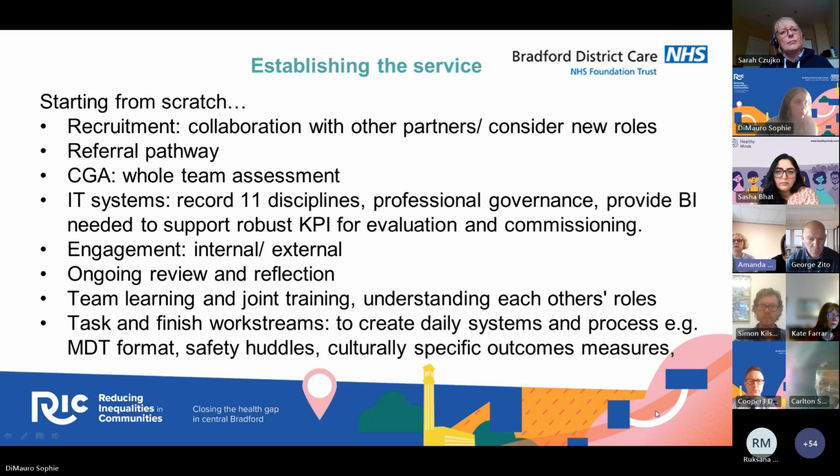We use a variety of outcome measures to measure what the team are providing: the EQ-5D, which gives us a number from a patient-reported outcome, and then we use the TOMS, which is a therapy outcome measure. The whole team use the outcome measures in order to demonstrate the improvements that we're making with the patients.